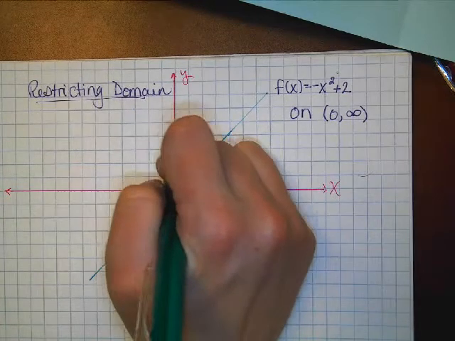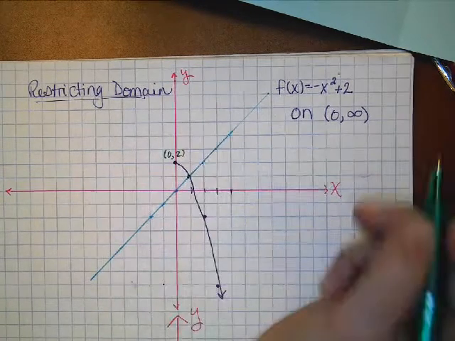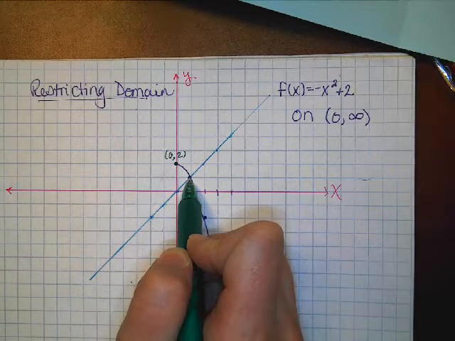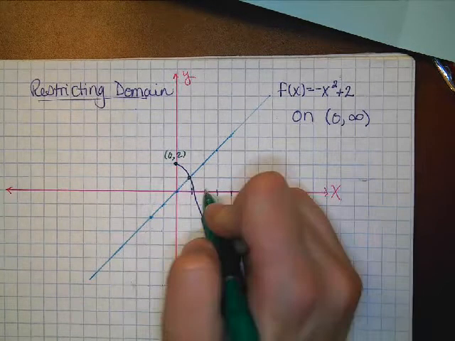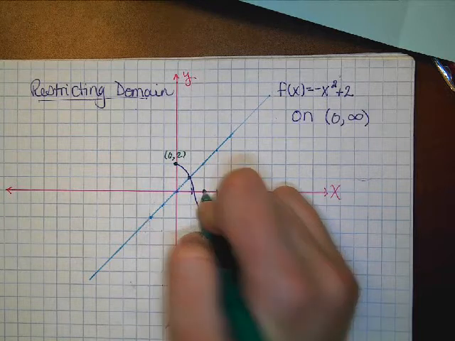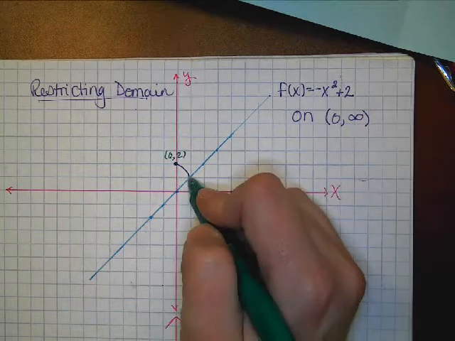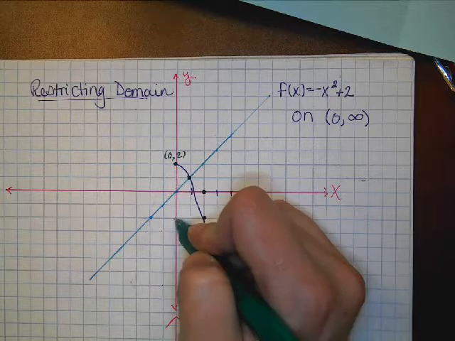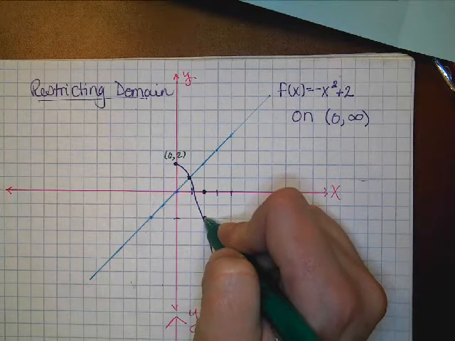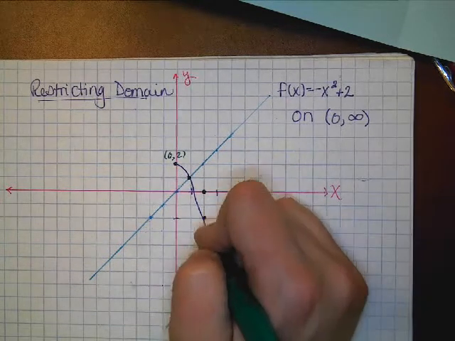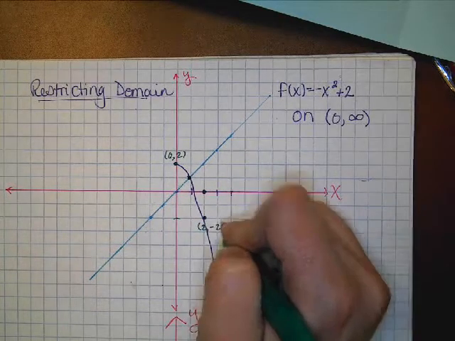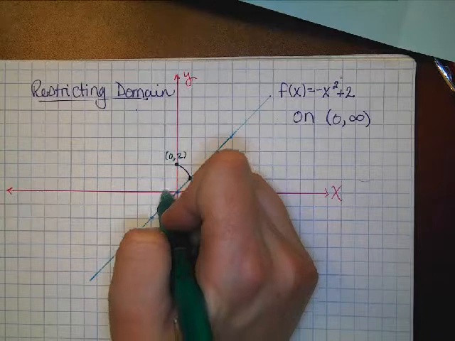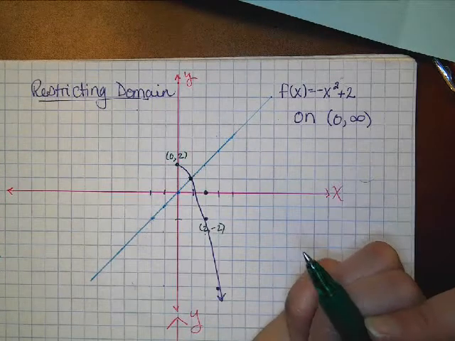So this piece is going to come down here as a reflection. This piece right here was (0, 2) and (1, 1). Well, when you flip (1, 1), you still get (1, 1). That point doesn't change. But (0, 2) becomes (2, 0).